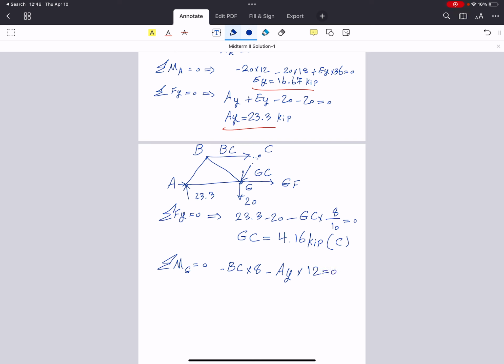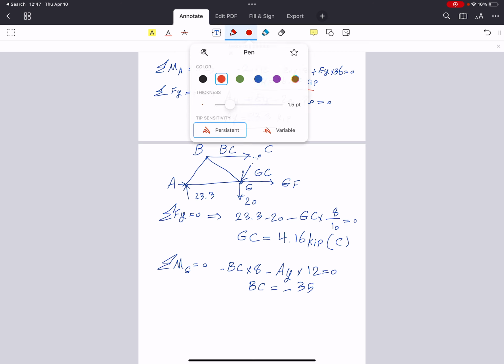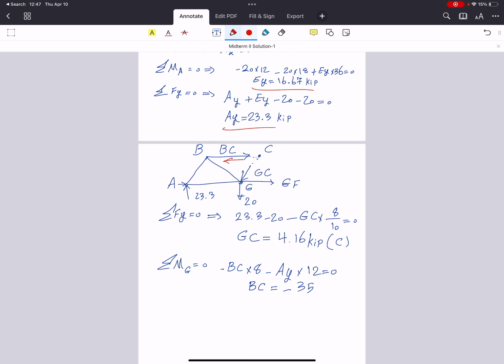Equals zero. So my BC will be negative 35. So since we got negative, I can change it to this direction.